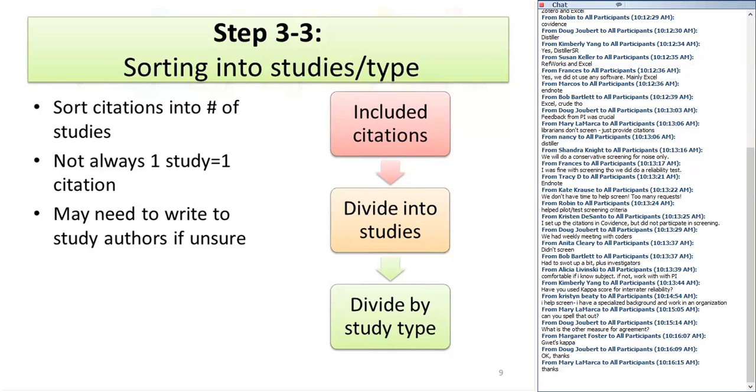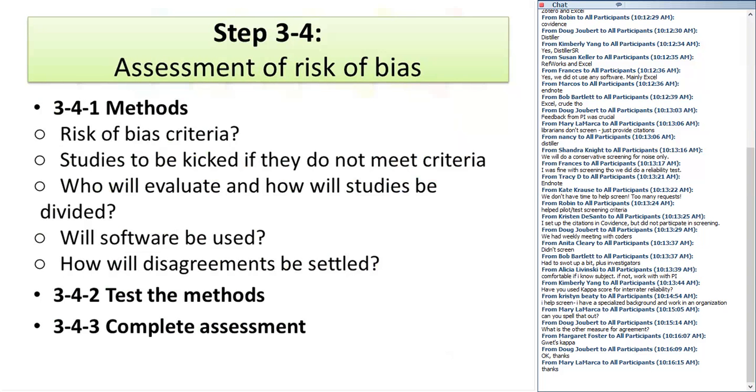If you have multiple study types, you'll also want to divide them by study type. And then the next step will be assessing for the risk of bias. Sometimes groups will decide that if a study does not match certain quality criteria, it will be kicked out.